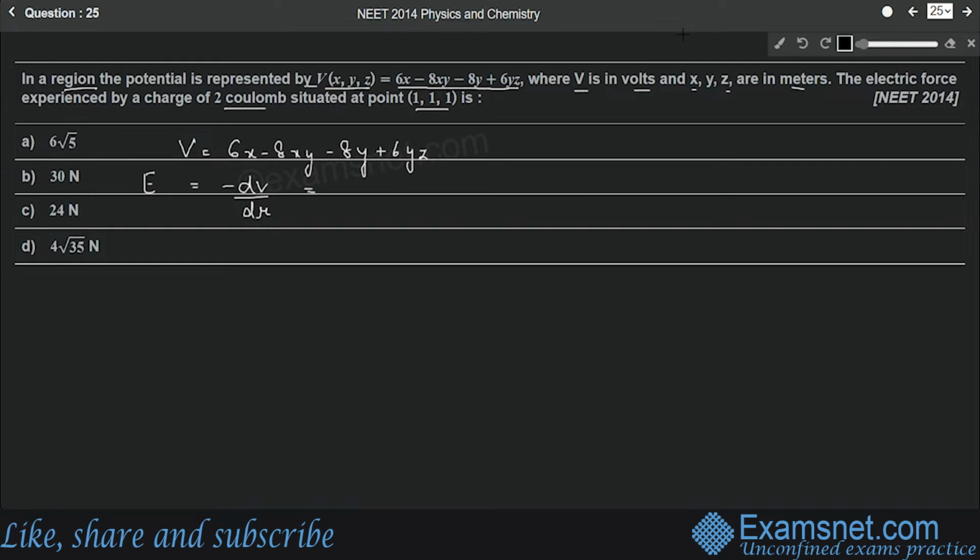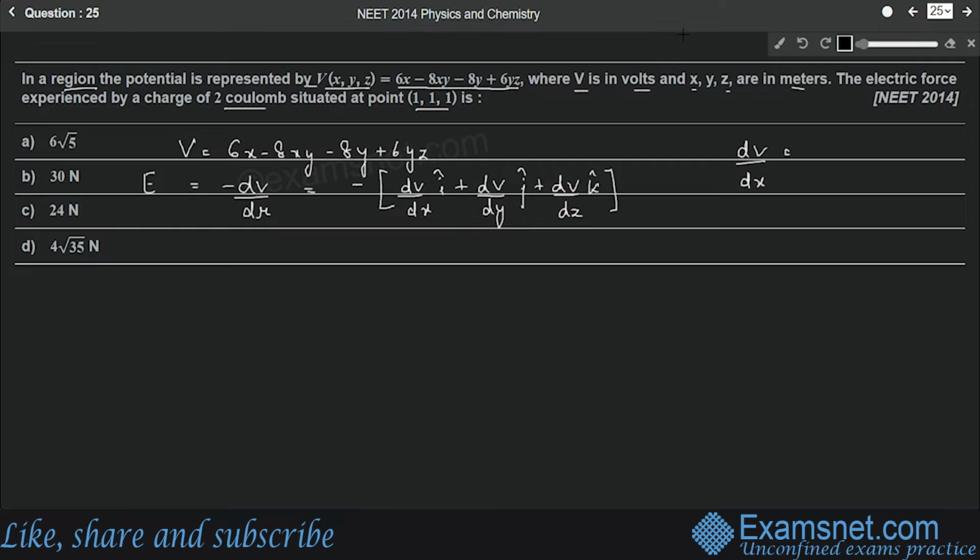Okay, and that will be equal to minus (dV by dx i cap plus dV by dy j cap plus dV by dz k cap). Okay, that means we have to differentiate the x, y and z terms separately. So let's find out the value of dV by dx here.